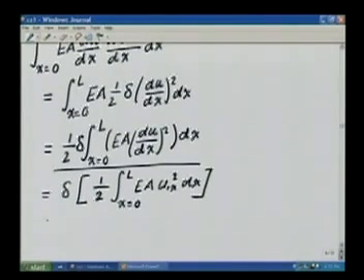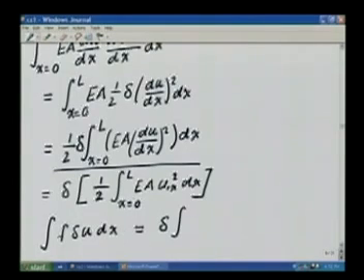Similarly, the other term which we had, integral of f delta u dx can be written as delta of integral of x equal to 0 to L f u dx.